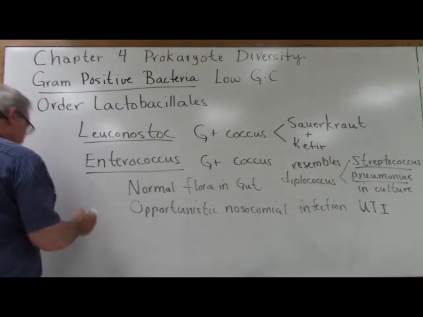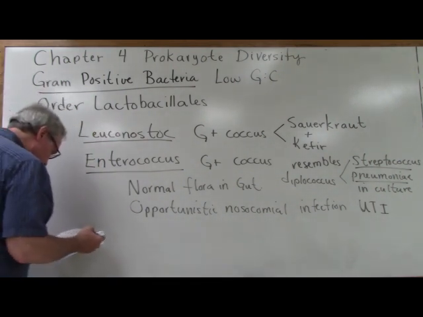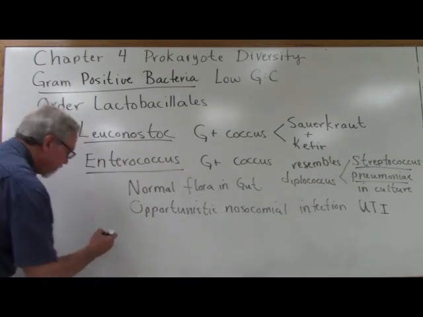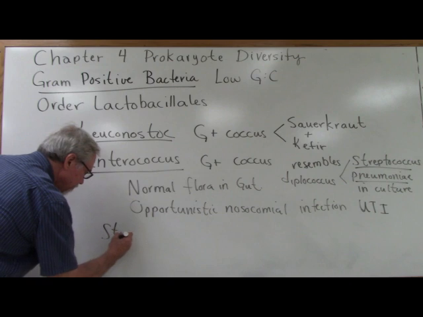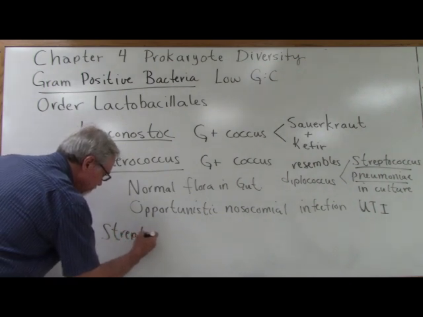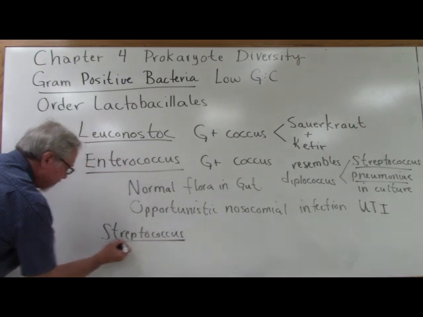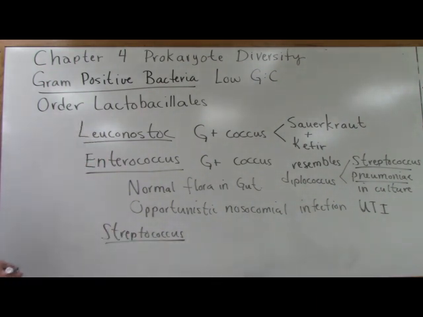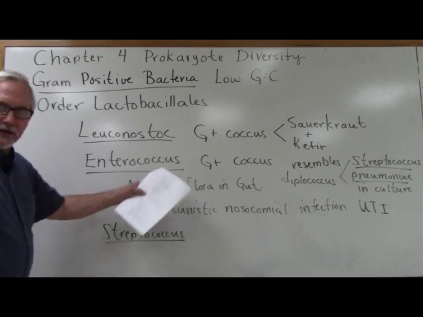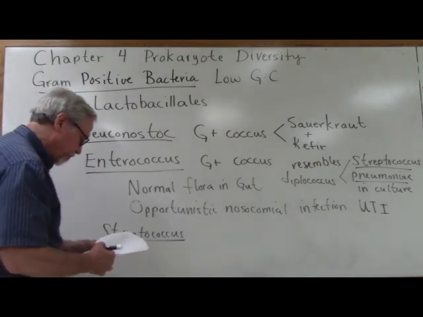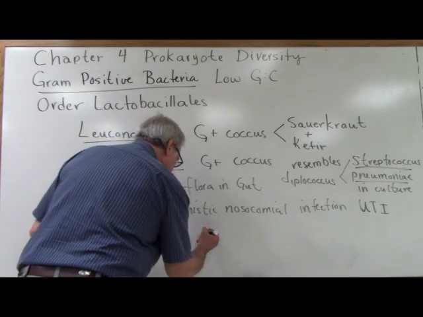All right, and then the last member of this order is the Streptococcus, which sounds familiar because of strep throat. Remember that there are other organisms that start out with strepto because the word strepto just means that they're in a row when you look at them under a microscope. All right, so gram-positive.